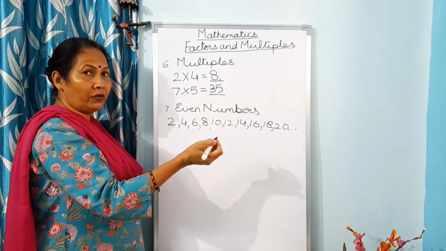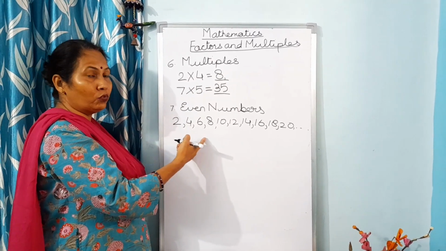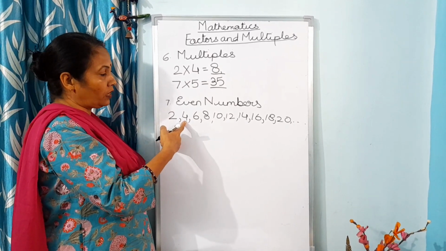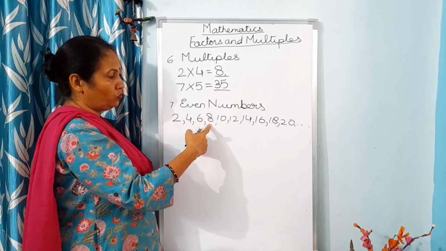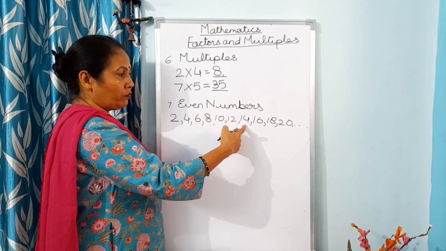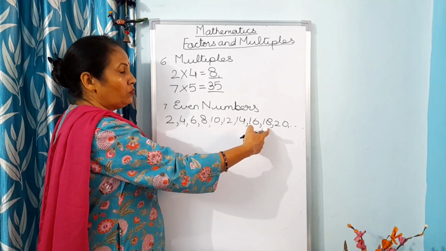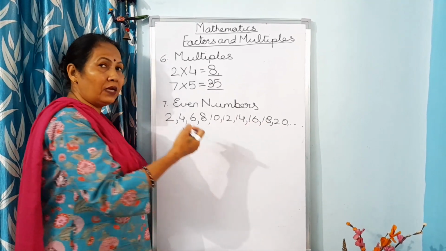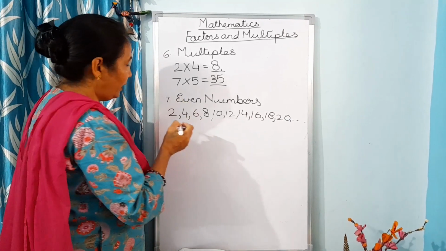These are even numbers because they are divisible by 2. 2 ones are 2, 2 twos are 4, 2 threes are 6, 2 fours are 8, 2 fives are 10, 2 sixes are 12, 2 sevens are 14, 2 eights are 16, 2 nines are 18, 2 tens are 20 and so on.